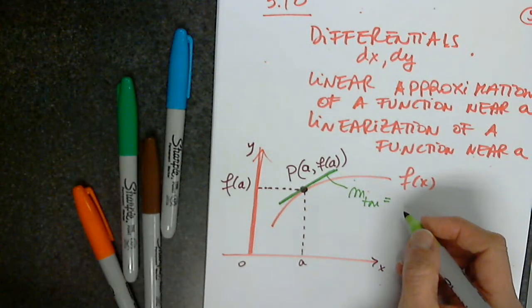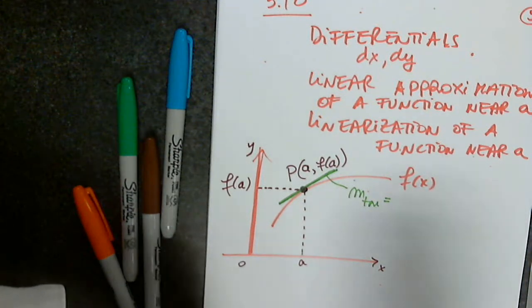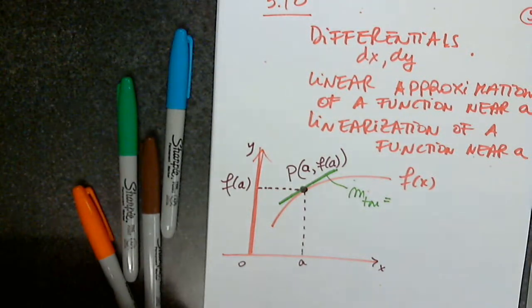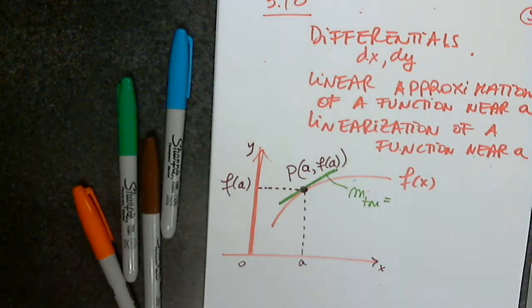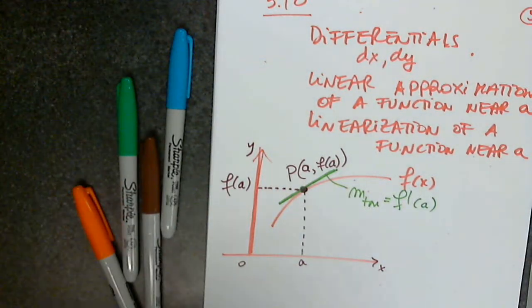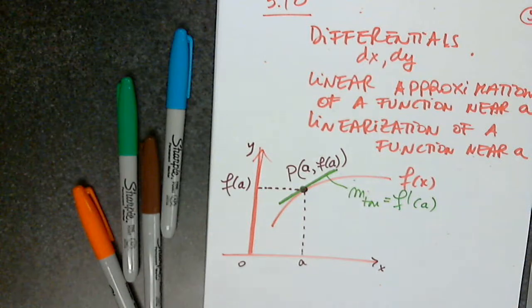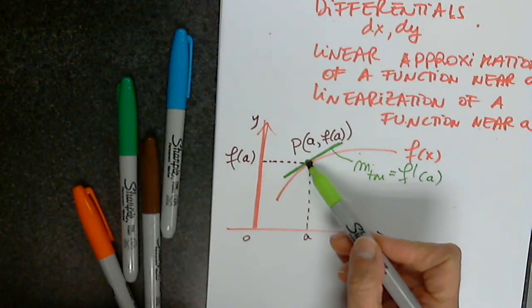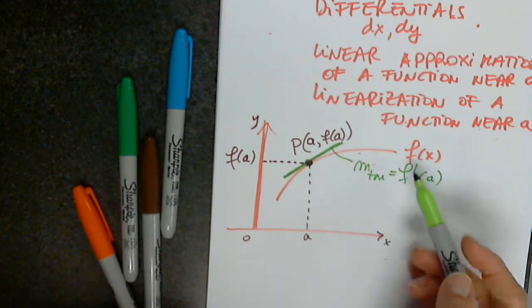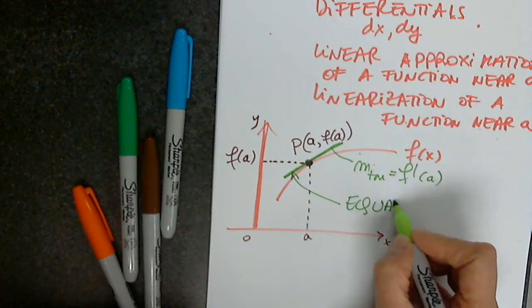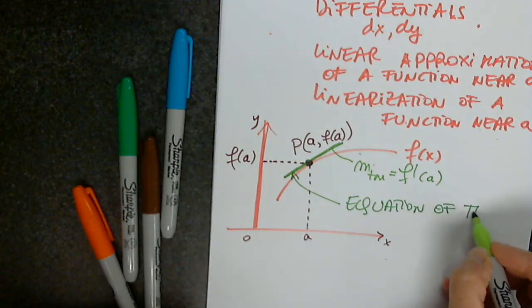Right, but now I have rules. Say it again. Not f of a. How do I determine the slope, the rate of change? f prime of a. Thank you. Of course, it's f prime of a, right? So I have a point and I have the slope. Is there any way I can find the equation of the tangent?